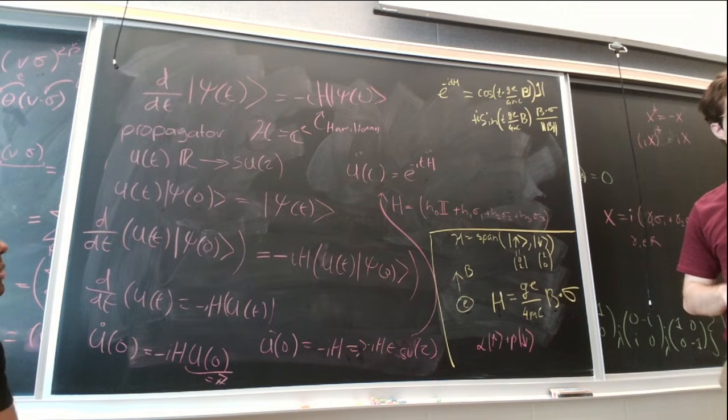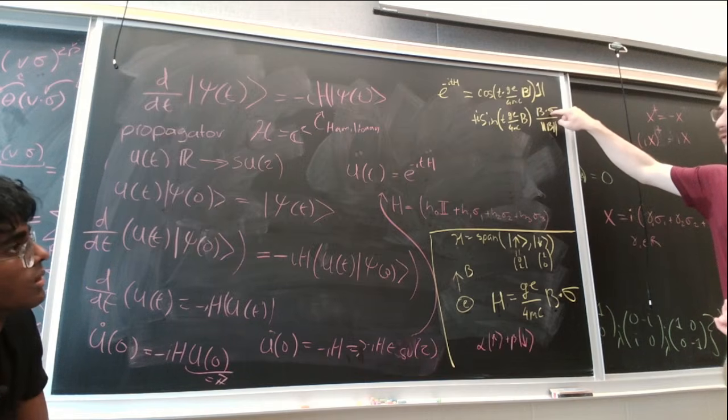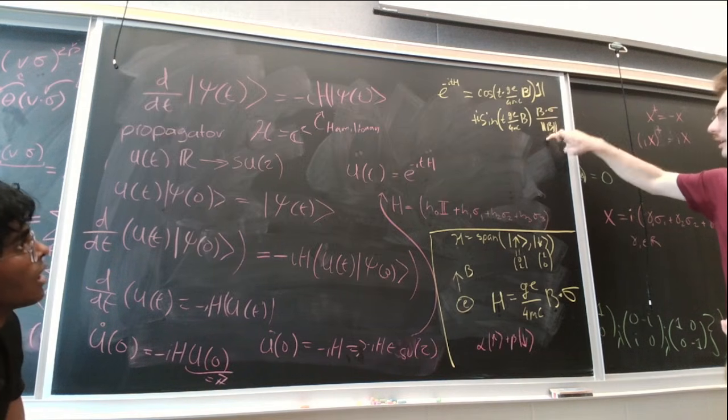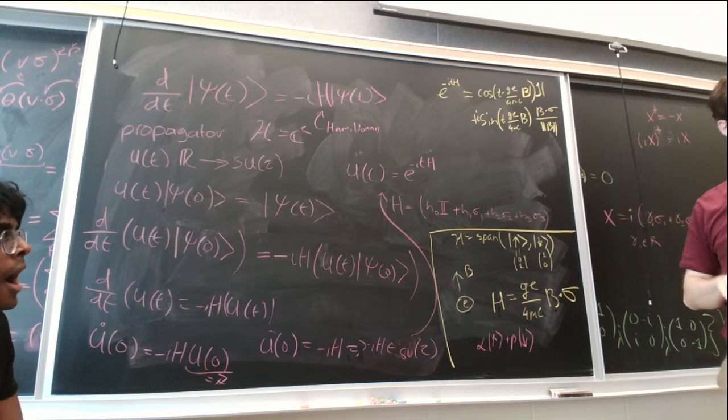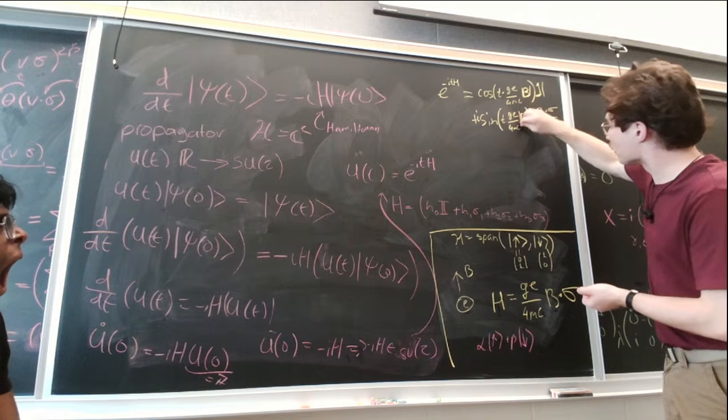Why divide by the norm? Because remember we assumed V has norm 1, and B does not have norm 1, so I divide by |B| to make that part norm 1.